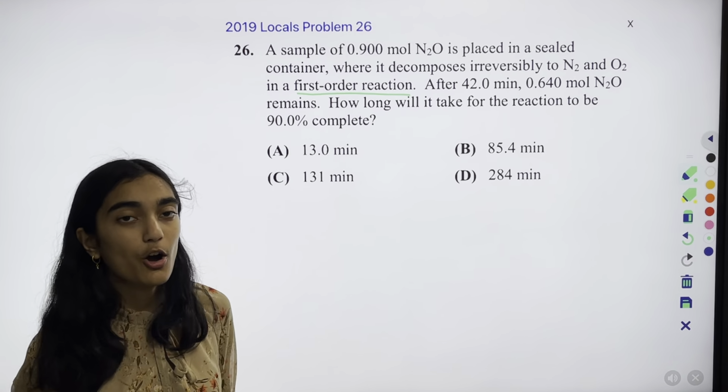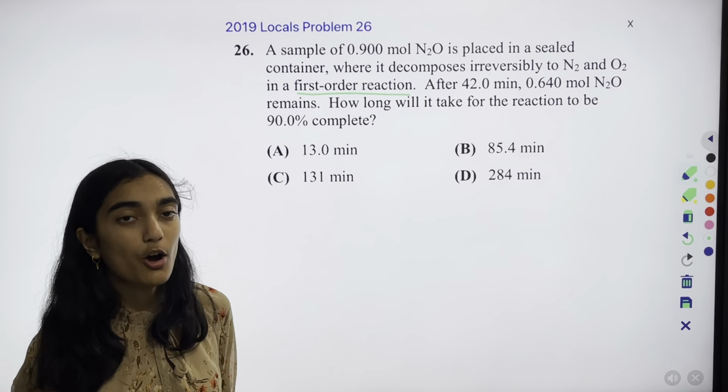But before we get to that, let's write the integrated rate law for a first order reaction, which is going to be the natural log of the concentration of A. This is the initial concentration.